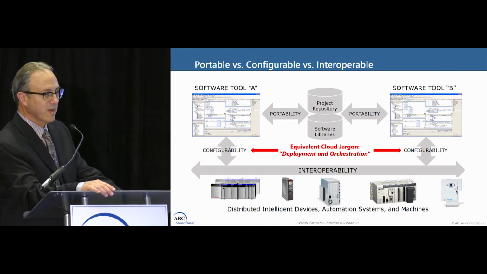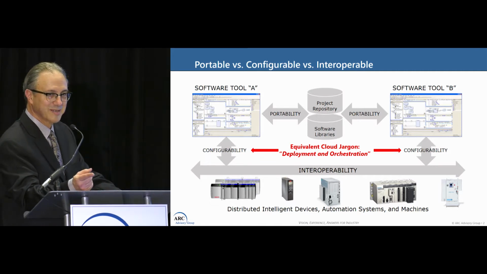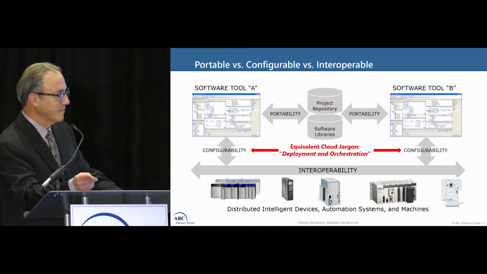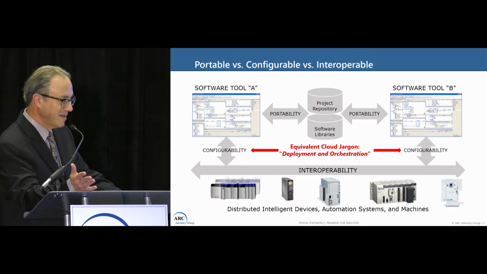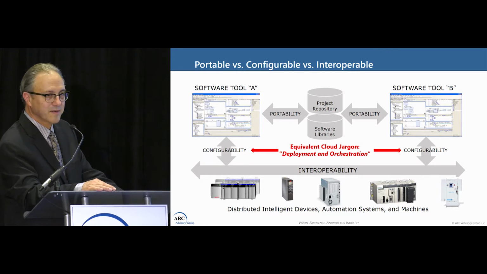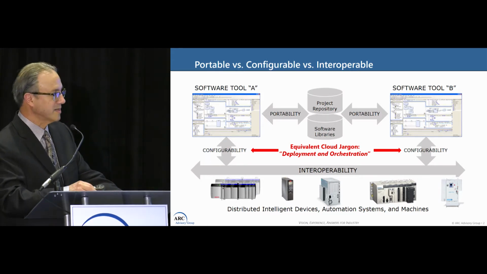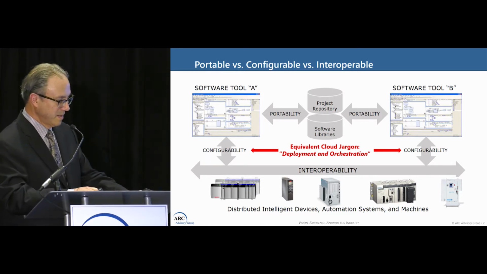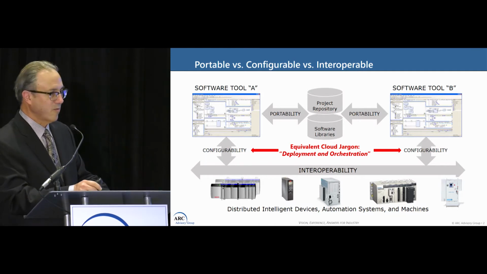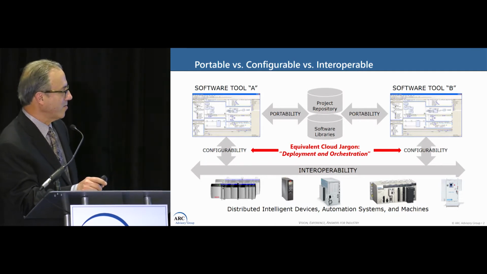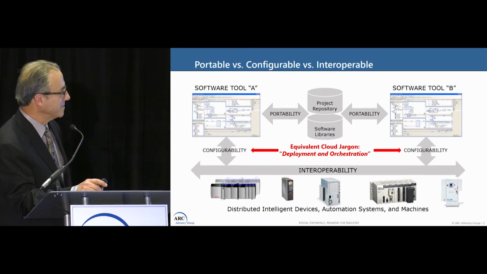Obviously, in the industrial automation space, we have a lot of technologies for interoperability at the edge or at the device level. Things like even HART, going back to the 80s, DeviceNet, Profibus, and on and on. A lot of different technologies that are standardized and available for managing the interoperability of automation systems.